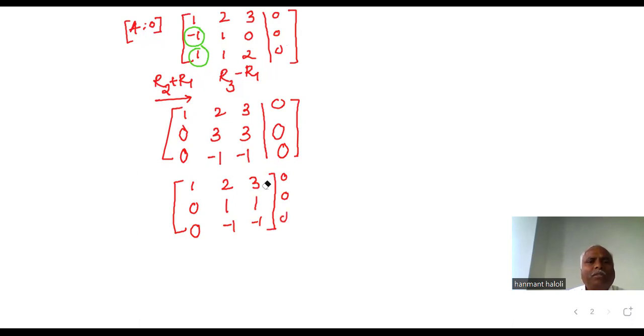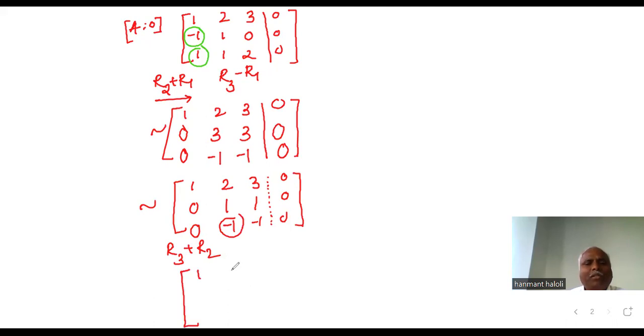This is the augmented matrix, and these are equivalent matrices. Now the next job is to make this 0. Therefore R3 plus R2 gives the matrix 1, 2, 3, 0; 0, 1, 1, 0; and the last row is all 0.